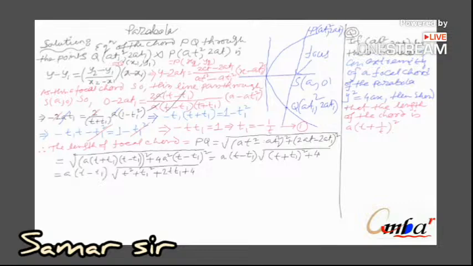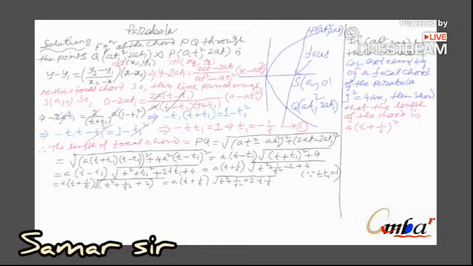Then we get a(t + 1/t) under root of t² + 1/t² − 2 + 4, since tt1 equal to minus 1. Put the value of t1 equal to 1/t. Then we got the answer, that is a(t + 1/t)².